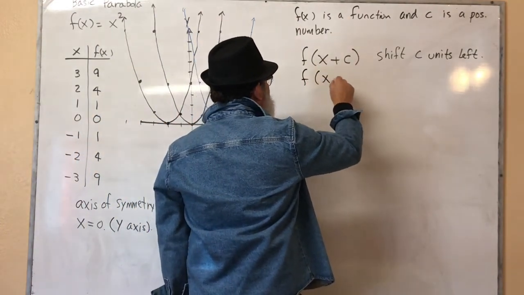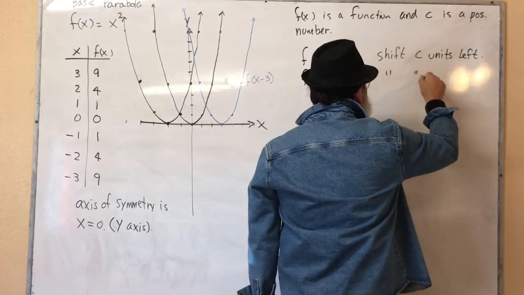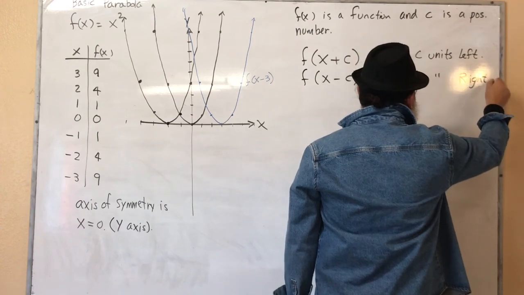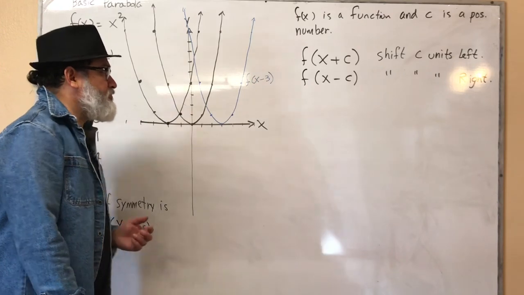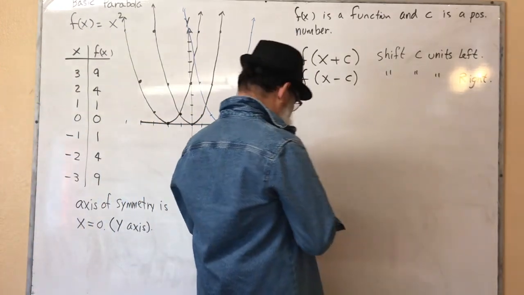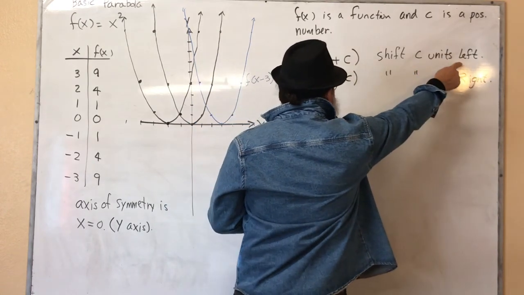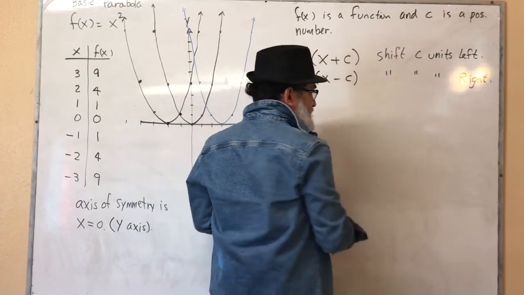F of x minus c is a shift c units to the right. Yes? Okay. Note, when you're adding, it's to the left. When you subtract a positive number, it's to the right, in the opposite direction.